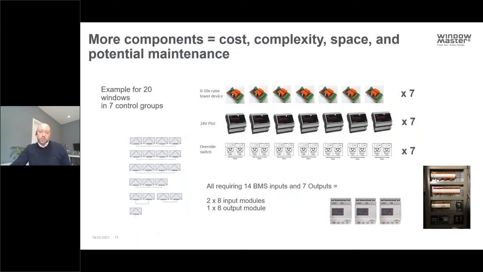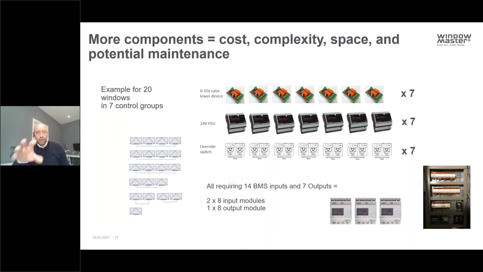So more components is cost, it's complexity, it's space, and it's also potential maintenance requirements as well. So here, if you have a look at the screen, we've got an example for just 20 windows. That might be 5 classrooms or even less in a school, in 7 control groups.